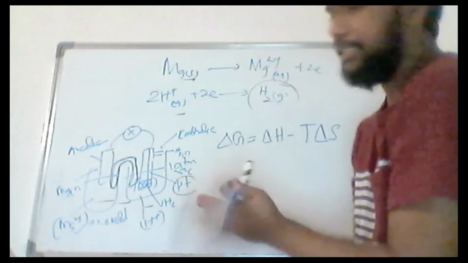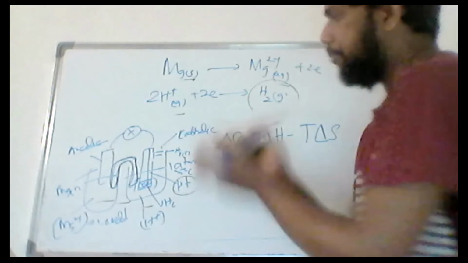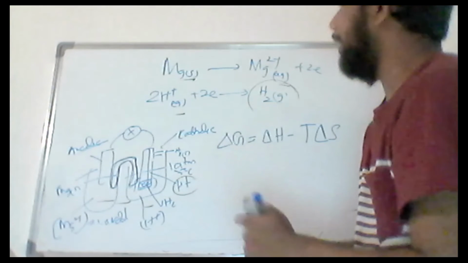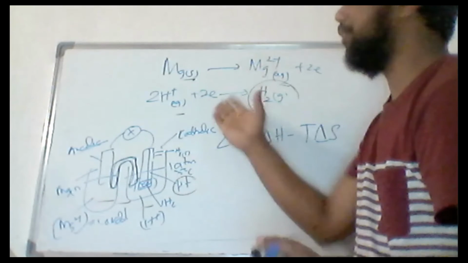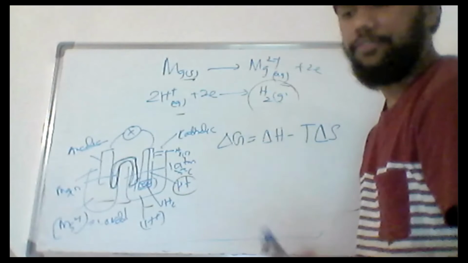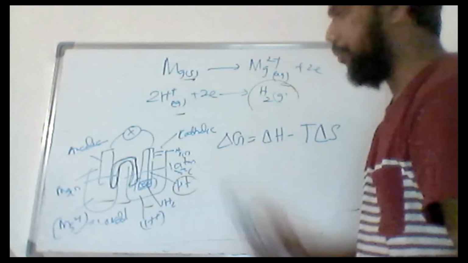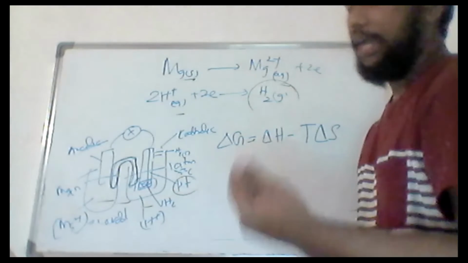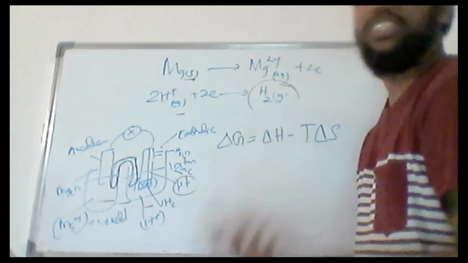Automatically this reaction is spontaneous. Why? Because you know the reduction potentials of this one and this one are comparable. It was 0.54 and 1.07. So you can even calculate E cell as well.